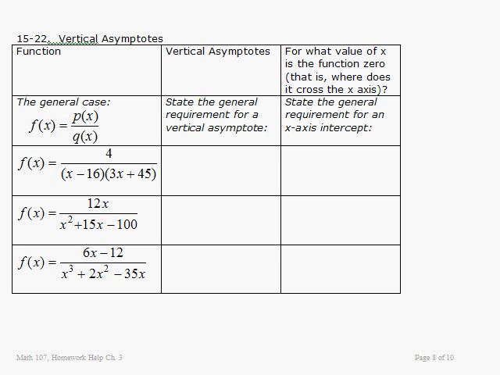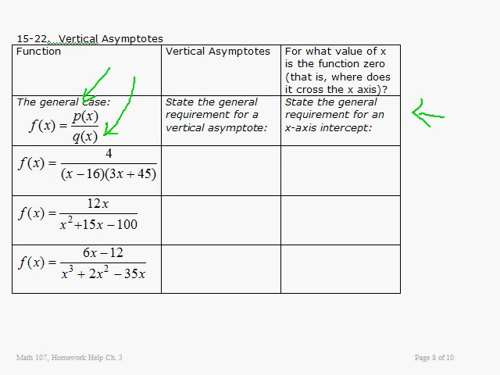Now we move to rational functions, and in a rational function there's a polynomial in the numerator and a polynomial in the denominator. Typically they're called p in the numerator. That's a polynomial in the numerator. Here's a polynomial in the denominator. And this chart got kind of scrunched, but what you're supposed to do in the first row here is give the general requirements. What is the requirement for a vertical asymptote?